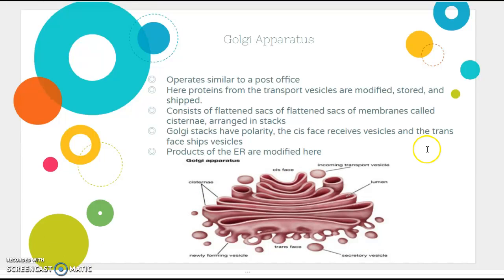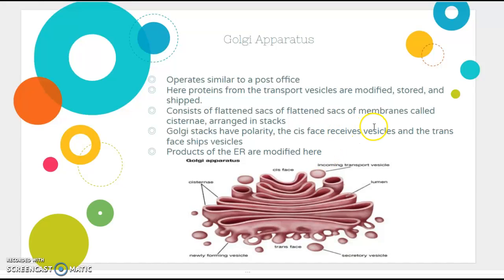This is the Golgi apparatus, so it operates similar to a post office. So this is where the proteins come in from the endoplasmic reticulum. This is the structure of the Golgi, so it actually has polarity to it. So this smaller section here is known as the cis face, whereas this larger, more broad section is known as the trans face.